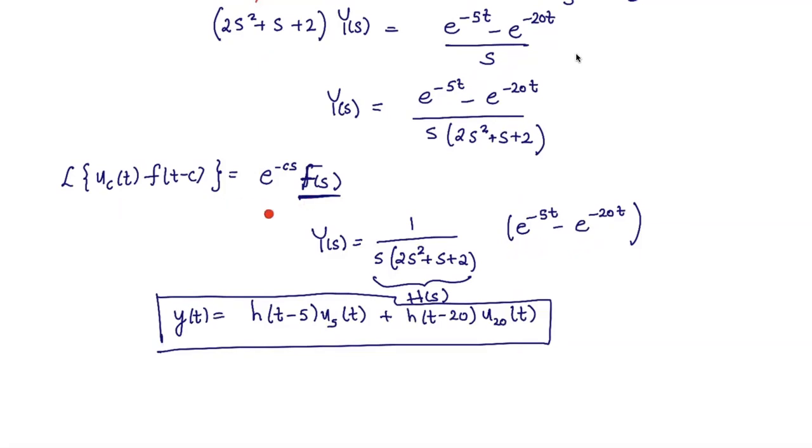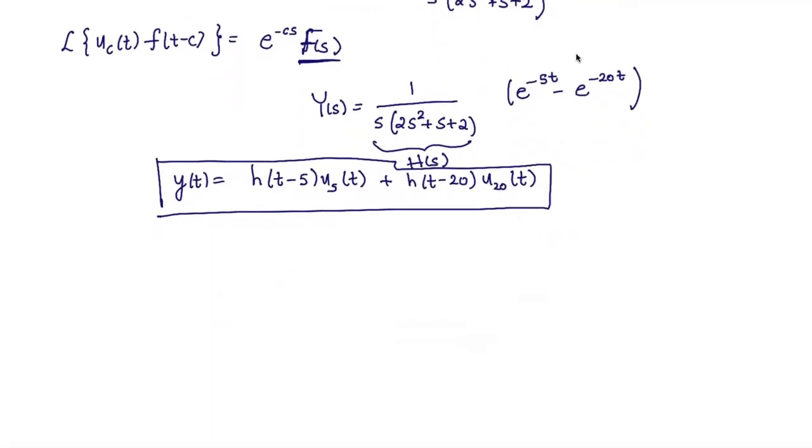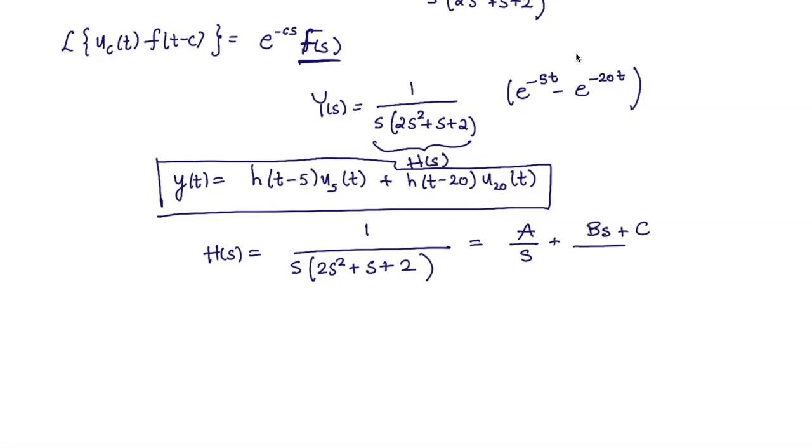Using this formula here, I work backwards, and so my goal right now is to find this h. In order to find the h, I set H(s) on its own, and so I get H(s) is equal to 1 over s times 2s squared plus s plus 2. I can split this now into A over s plus Bs plus C all over 2s squared plus s plus 2, and then I need to solve for A, B and C using partial fractions.